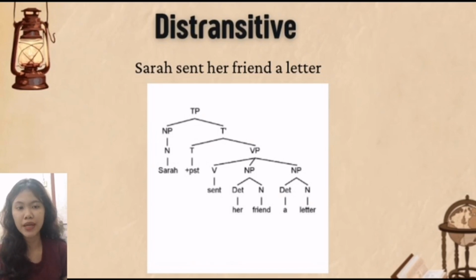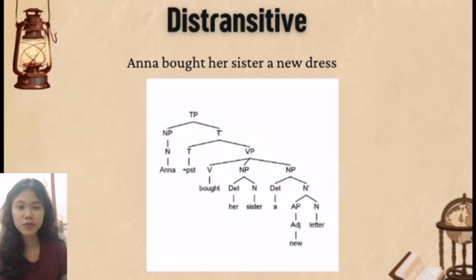The subject NP is Sarah. Inside the VP, the verb sent is followed by two noun phrases. The NP her friend functions as the indirect object, and the NP a letter functions as the direct object. The presence of two object NPs inside the VP shows that sent is a ditransitive verb.